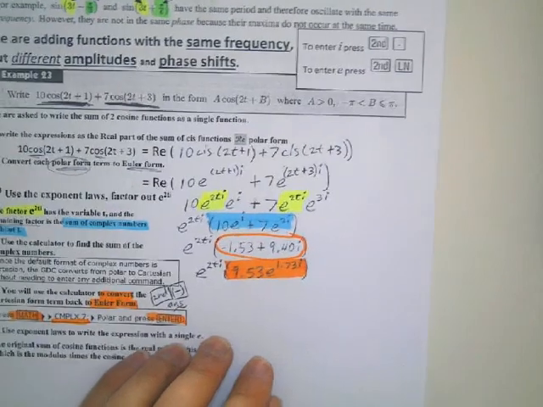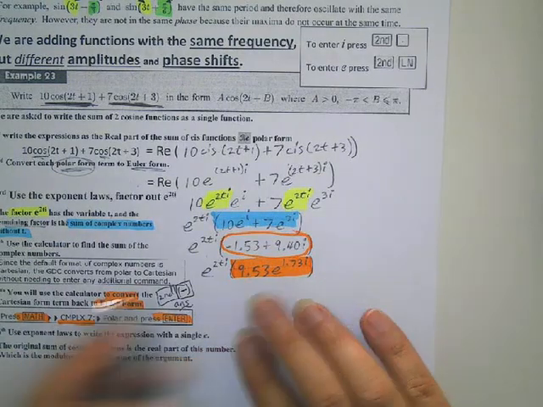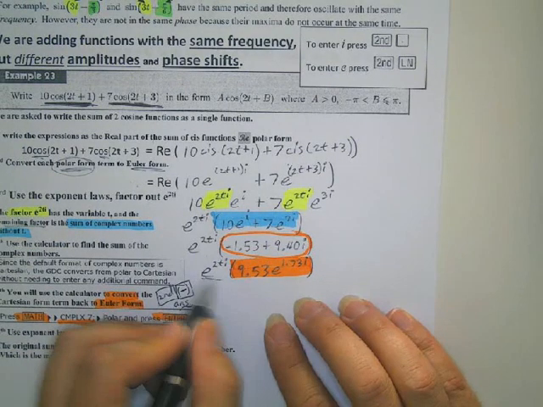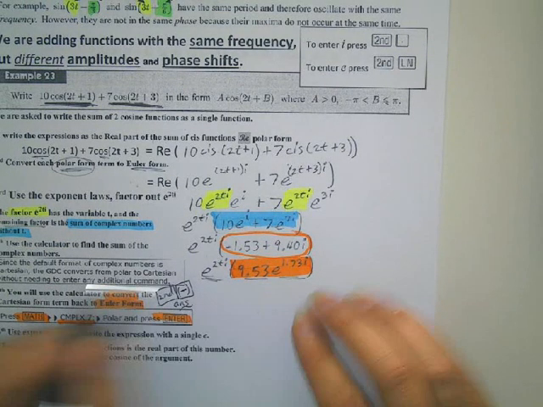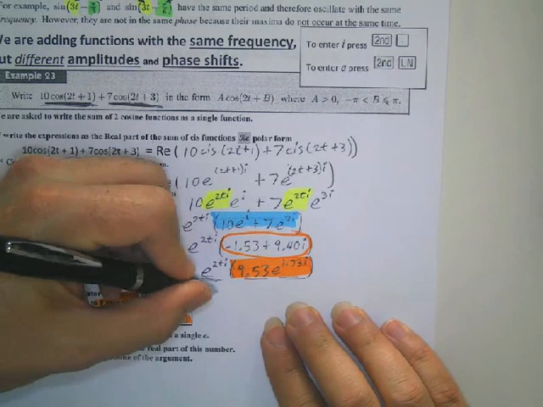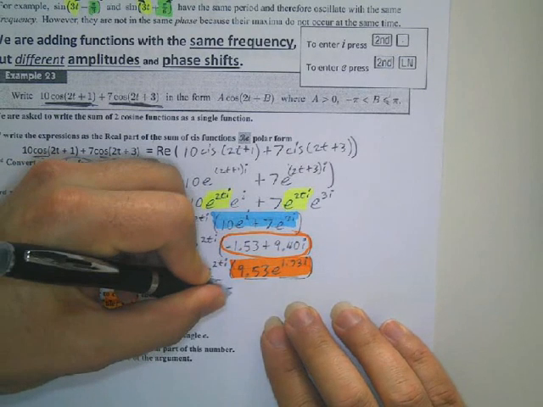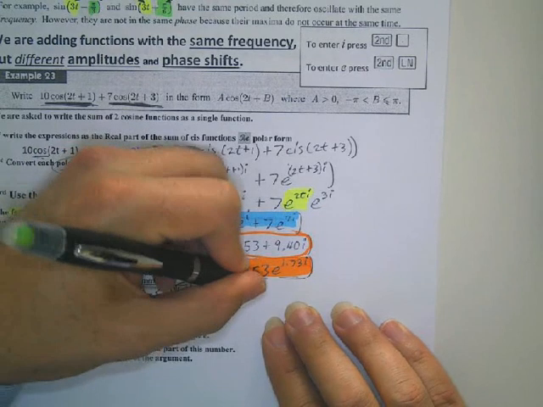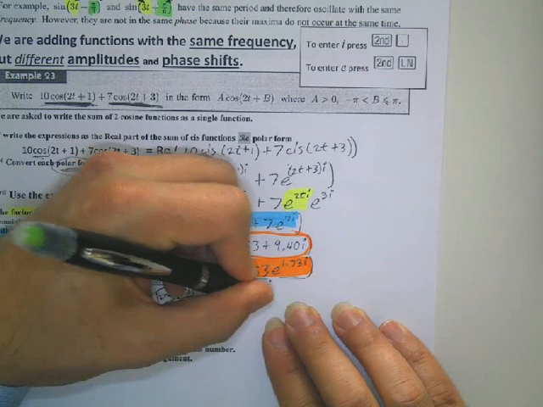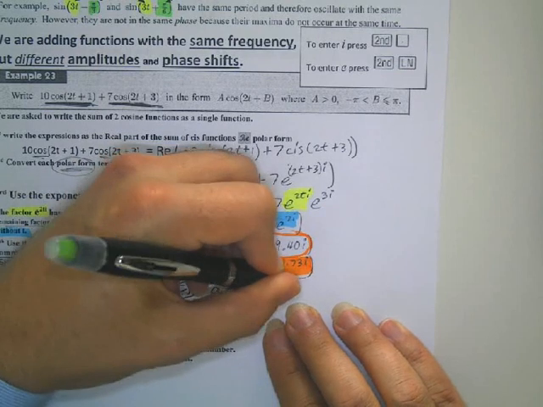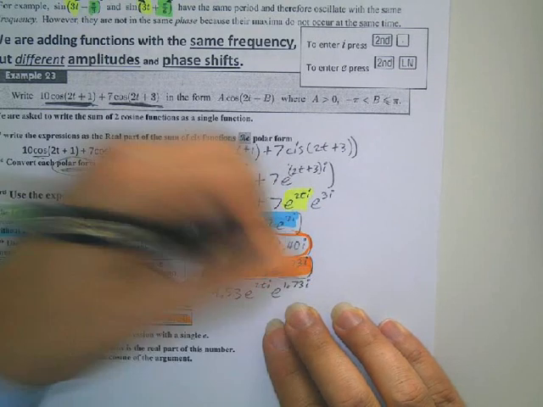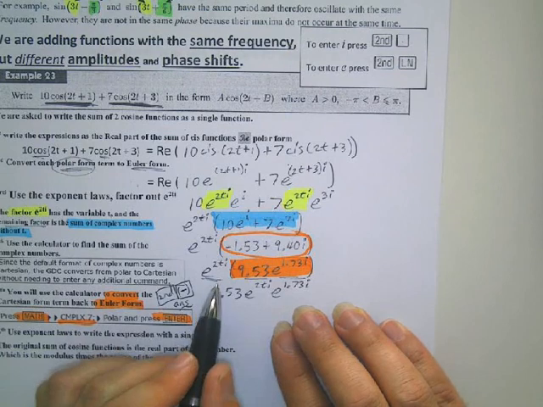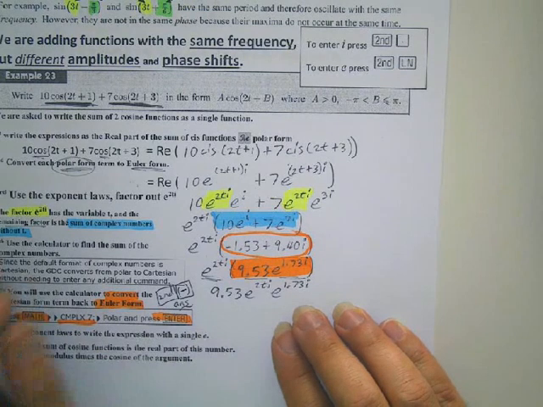So now I've got this factor, this factor, this factor. I'm just going to rearrange this. So I've got the 9.53 first times e to the 2ti times e to the 1.73i. Okay, all I did was rearrange this to put the 9.53 first.